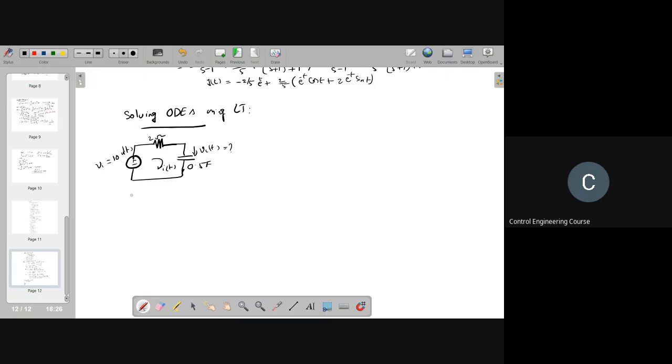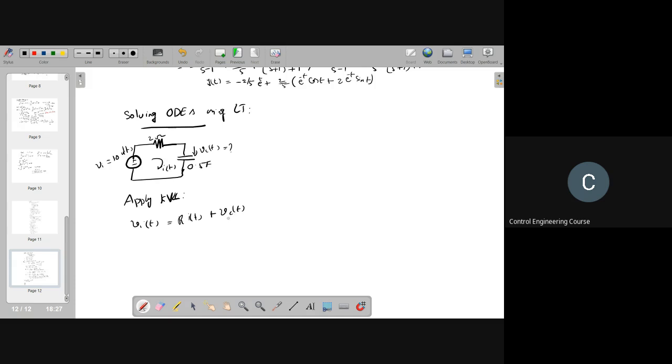Now apply KVL. Vi(t) is equal to R times i(t) plus Vc(t). I'm directly writing Vc(t) instead of writing 1/C integral of i dt.